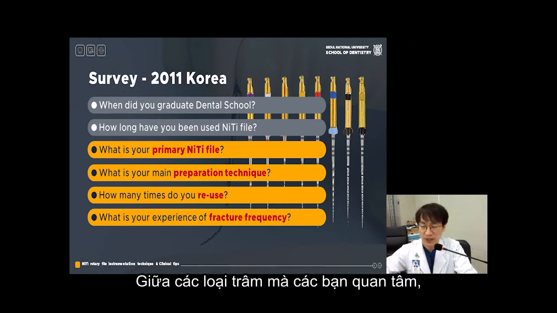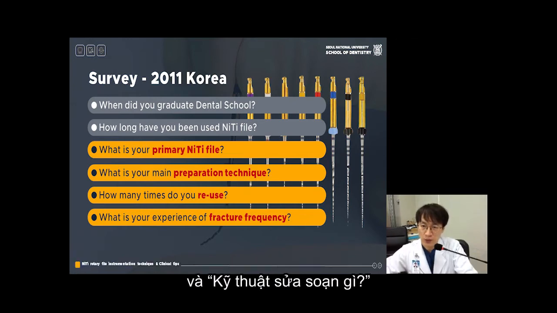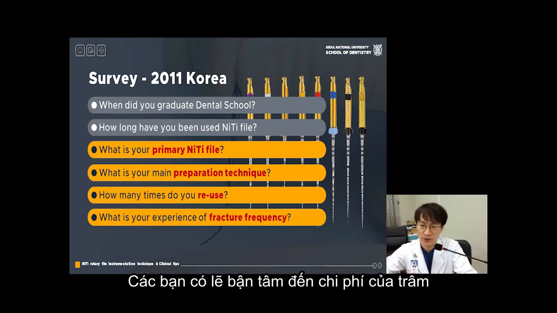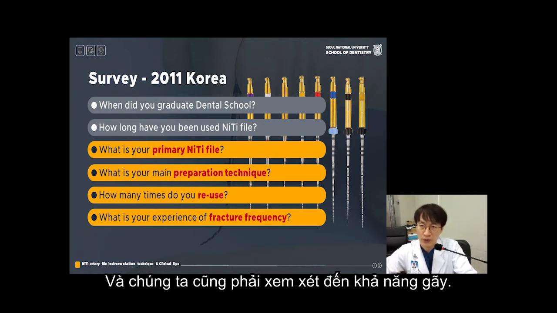Among them, as you may be interested in, what is your primary nickel titanium file that you use in your everyday practice, what is your preparation technique, or how many times do you reuse a file because of the cost of the file? The same happens to you in our country, as you are concerned about the cost of the file. And also we have to consider the fracture frequency.